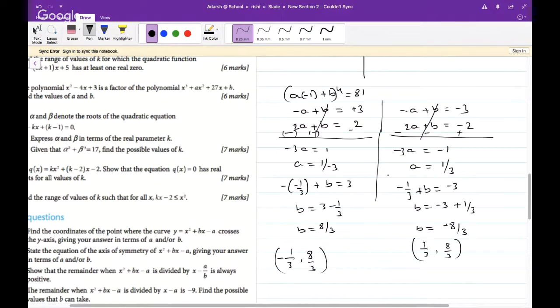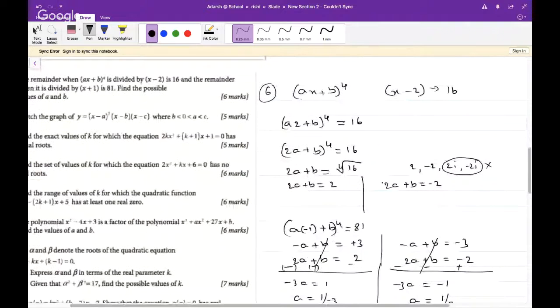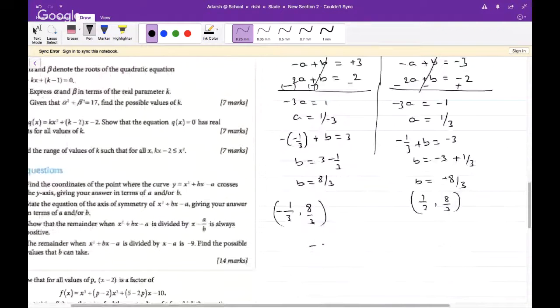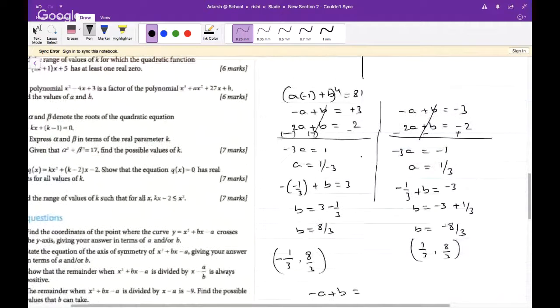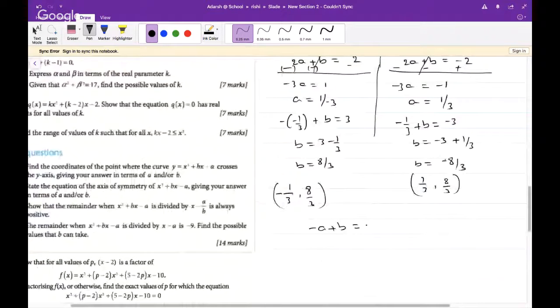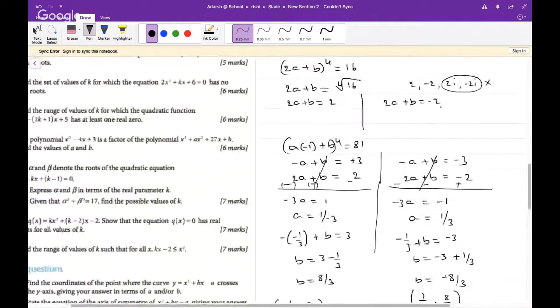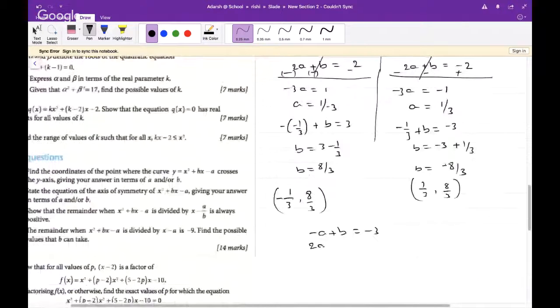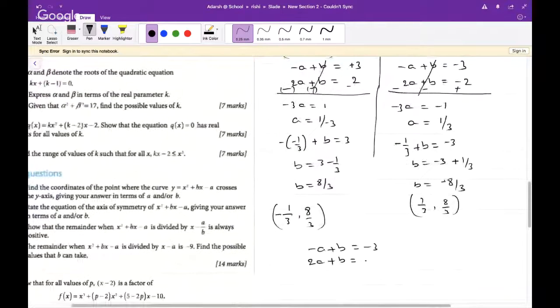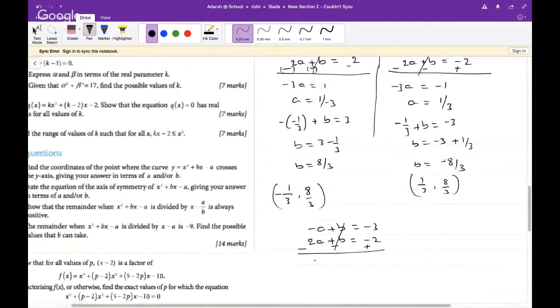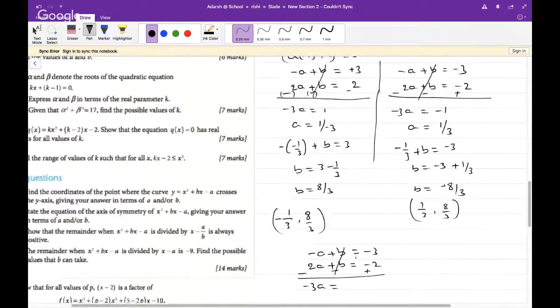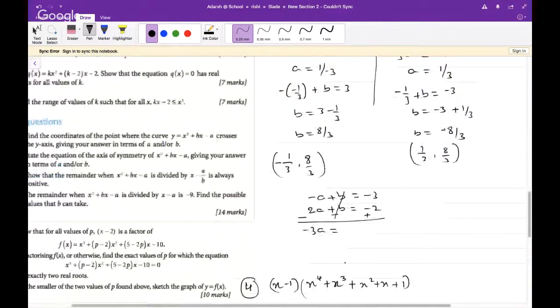So if you interchange these two and use them, that is something like this, minus a plus b. Earlier we took it as plus 3, we'll take here minus 3, and from this equation, 2a plus b is equal to minus 2. So in this case change the signs, this gets cancelled. So you have minus 3a equals minus 1.